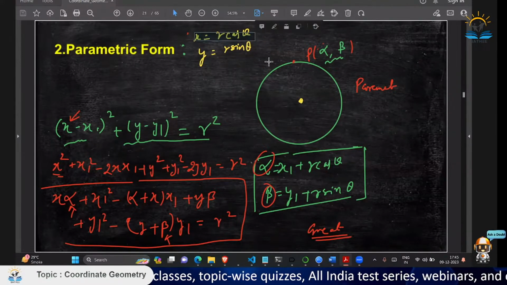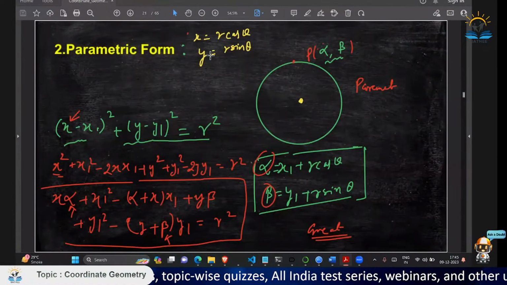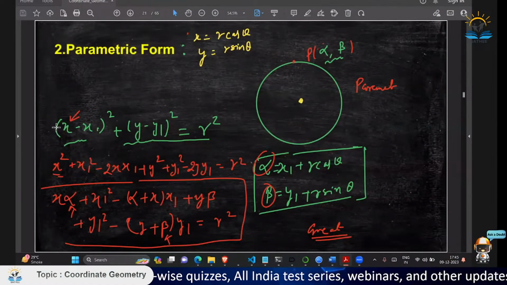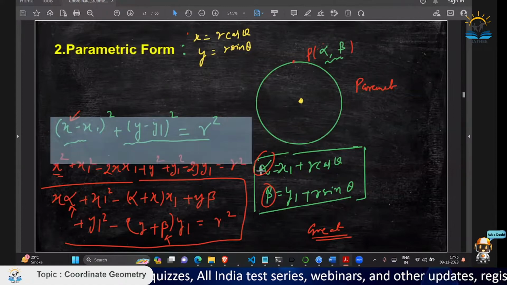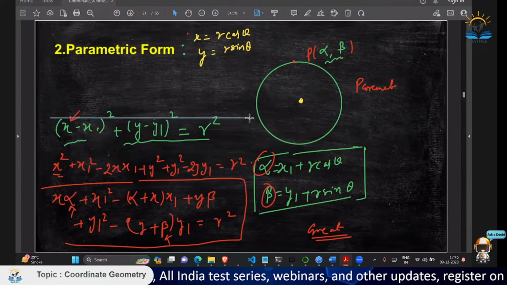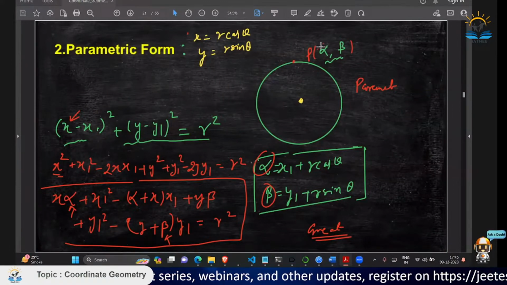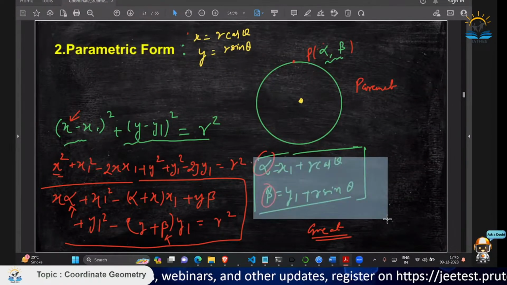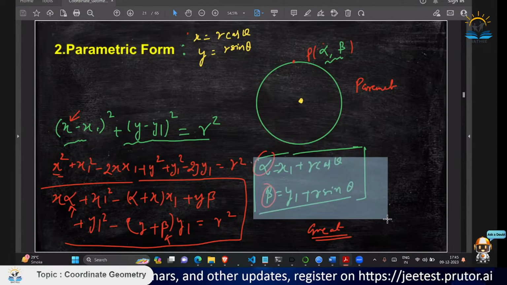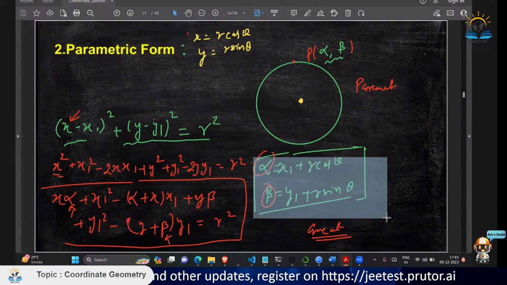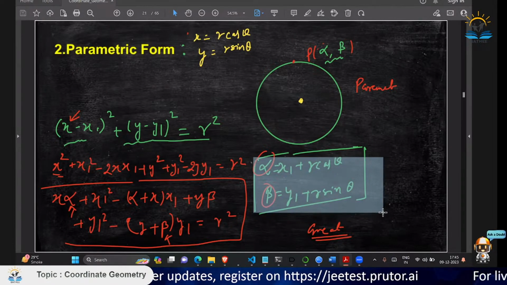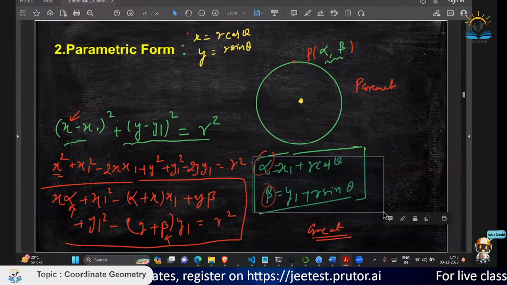When we take this and plug it into this equation, then we open this. What you will get is that alpha and beta would look something like this. Alpha is nothing but x1 plus r cos theta. Beta is nothing but y1 plus r sin theta.